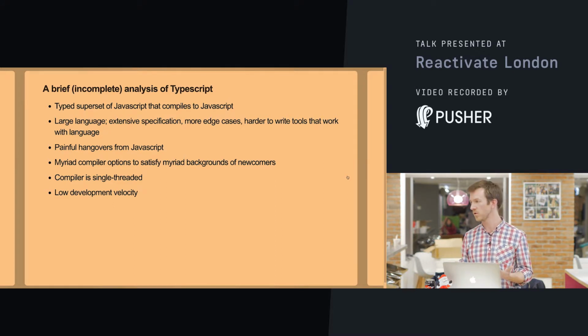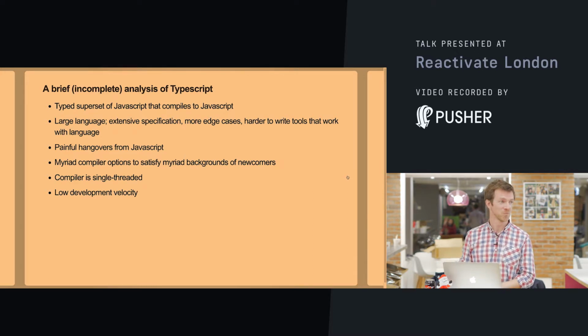So for example, in code generation, whatever it may be, if you're having to parse some TypeScript code, you have to handle quite a lot of cases within your parser and whatever you're trying to do with the abstract syntax tree that results. There are some quite painful hangovers from JavaScript as well. The plus operator is perhaps the canonical example of how, yes, you have type safety within the TypeScript world, but it can be and is abused, if you like, within the TypeScript world, so you can add anything you like.